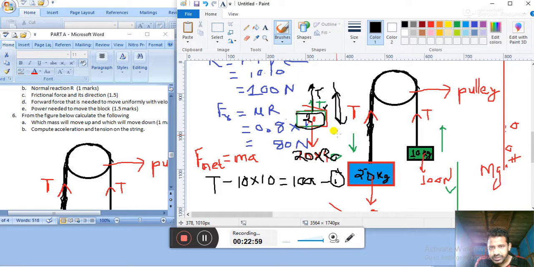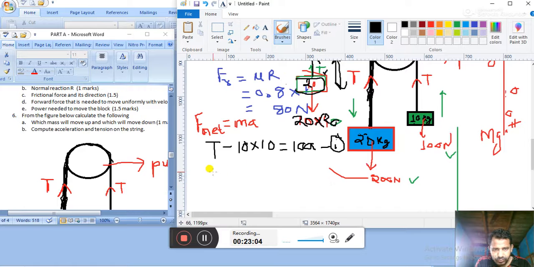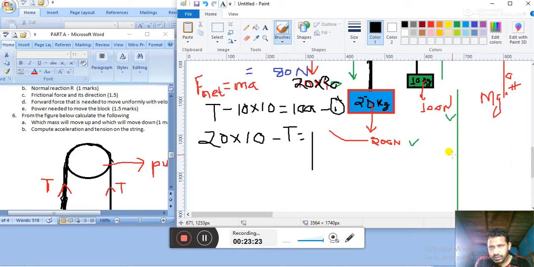So net force is 20 into 10 minus T equals 20a.